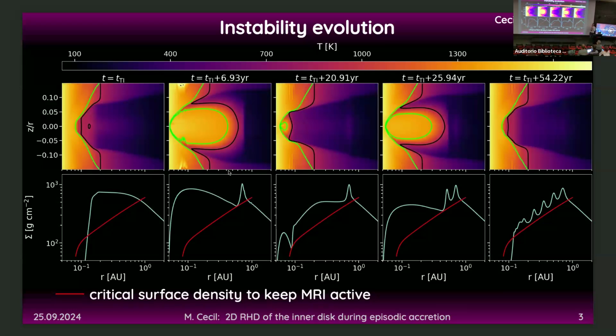After a few reflares have occurred, the disk enters the quiescent phase again. Each outward propagation of the heating front places one such density spike in the surface density distribution, so we end up after the instability with this sawtooth-like shape.